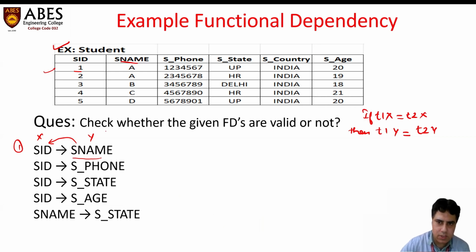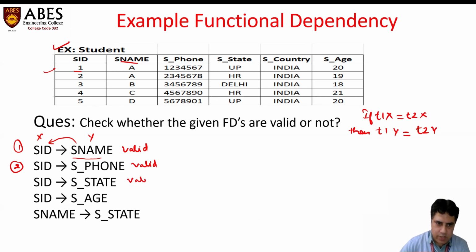There is no such case in the table, so this is a valid functional dependency. Now take the second functional dependency: student ID determines student phone number. All the student ID entries are different, so this is a valid entry.